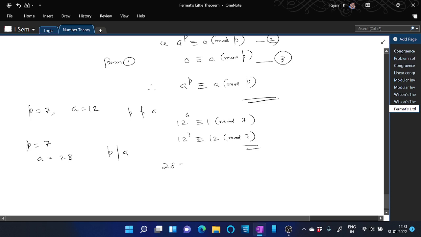We know 28 is congruent to 0 mod 7. So 28 raised to 7 is congruent to 0 mod 7 is congruent to 28 mod 7. So in any case, whether P divides A, P does not divide A, we have A raised to P is congruent to A modulo P.